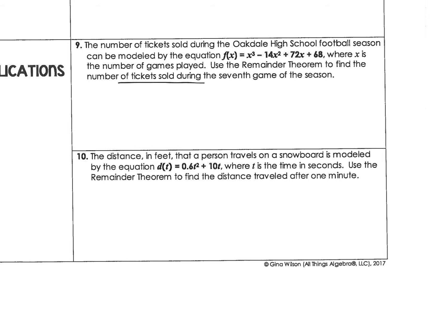We want the tickets sold during the 7th game of the season. So what we're really looking for is f of what? 7. So this is an application we can use this synthetic division for, isn't it?